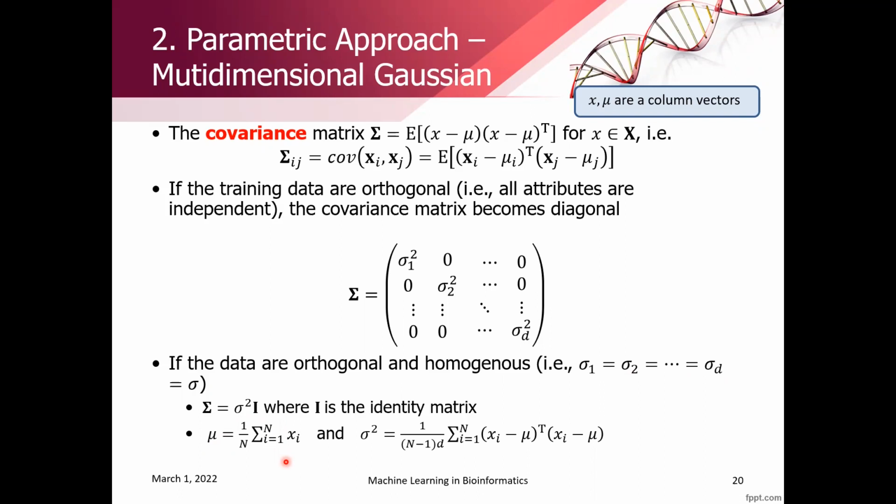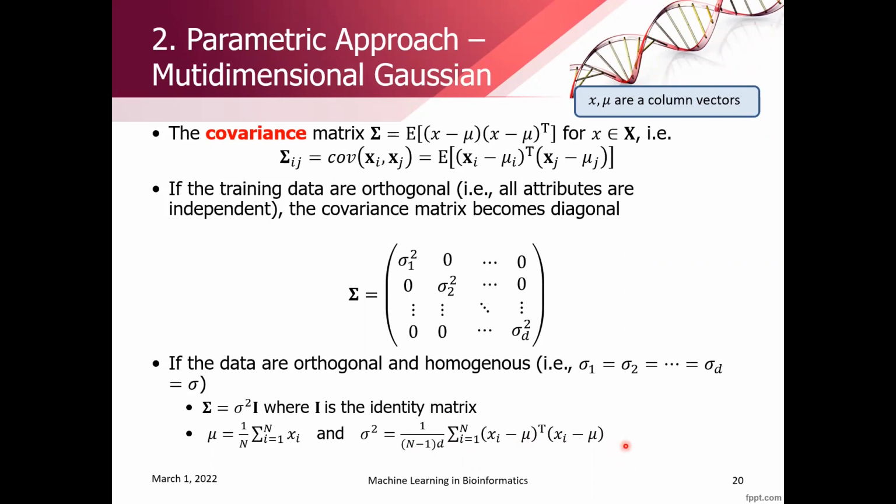To estimate the covariance matrix, we just compute the means, which is easy, means per column of the observation matrix. And for computing the standard deviation, we can use the formula for approximating the sample variance.